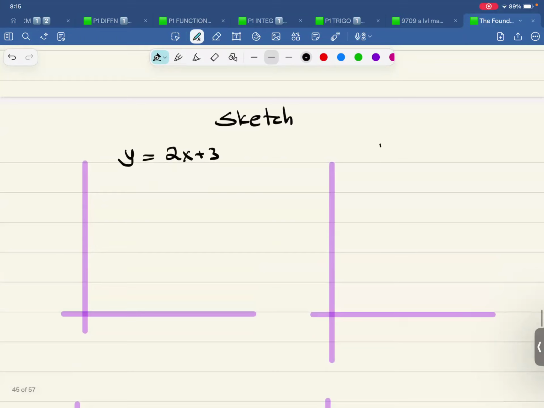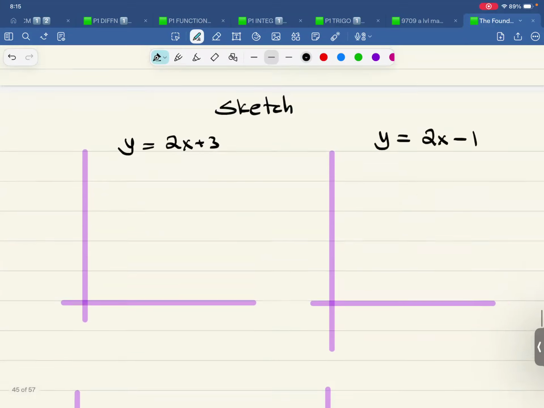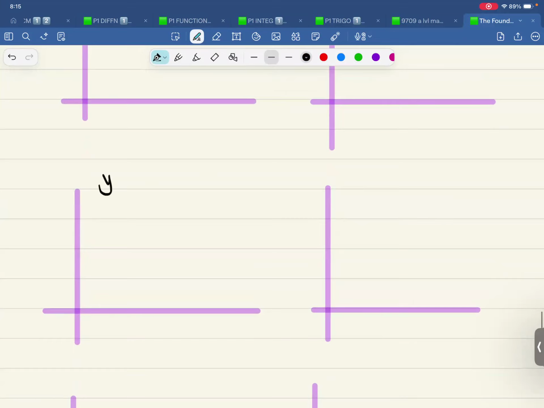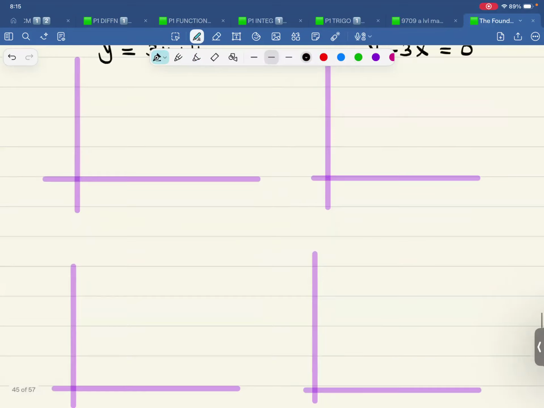If someone asks me to draw the line y is equal to 2x minus 1, if someone asks me to draw the line y is equal to 3x plus 4, y minus 3x is equal to 0.